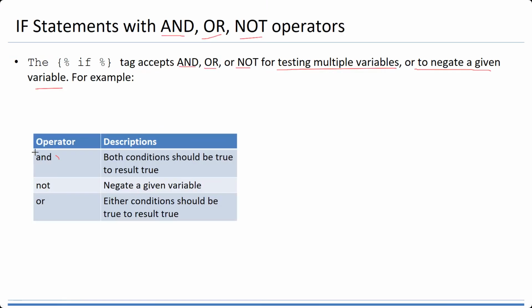For example, if you use and, it means both conditions should be true to result in true. If you use not, then it is to negate a given variable. If you use or, either condition should be true to result in true. Okay.